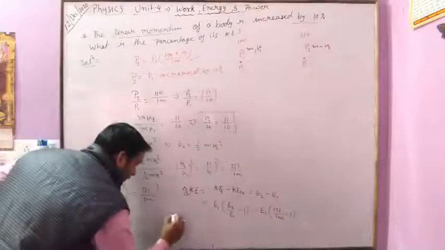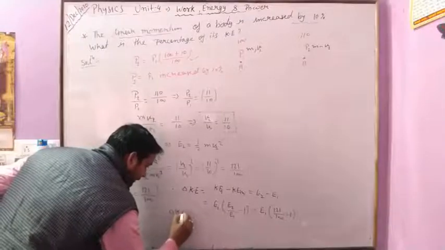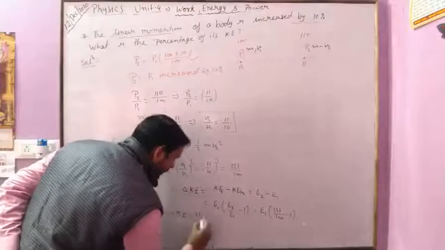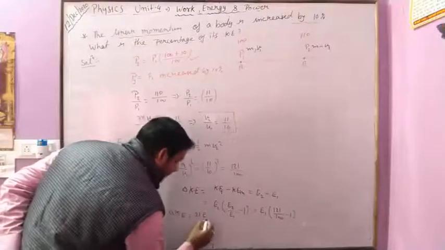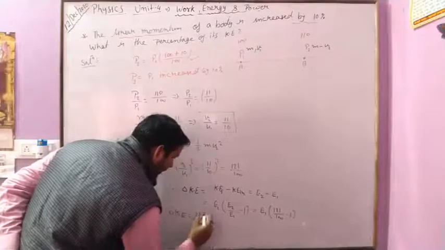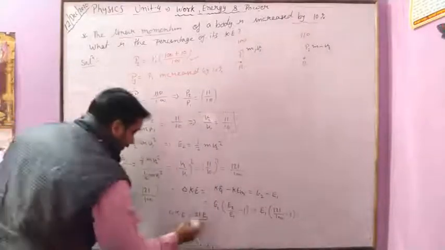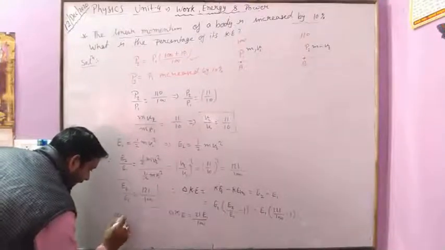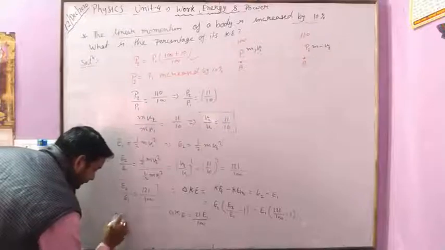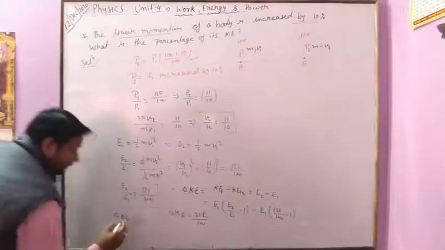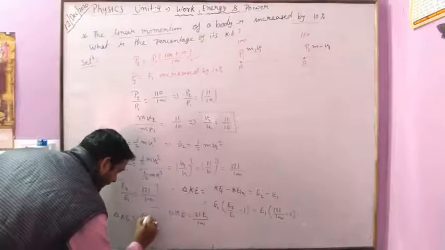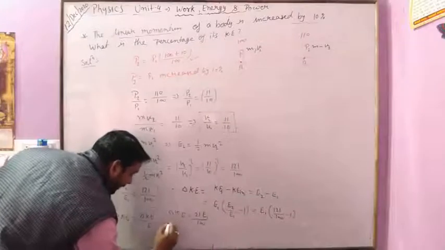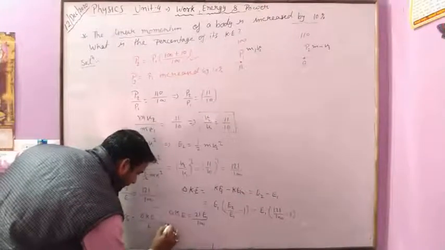From here you calculate that the change in kinetic energy is 21 E1 upon 100. Now the percentage change in kinetic energy is delta KE upon initial energy, multiplied by 100.